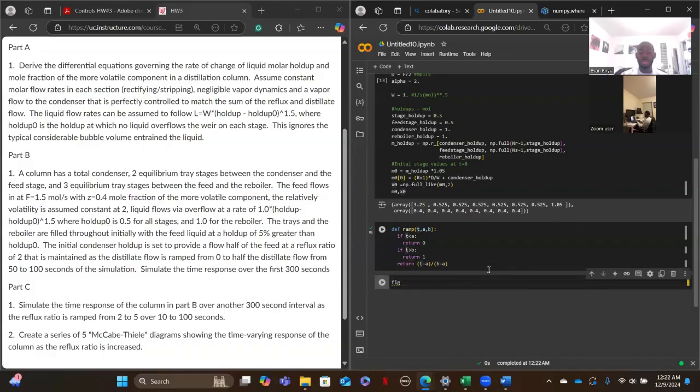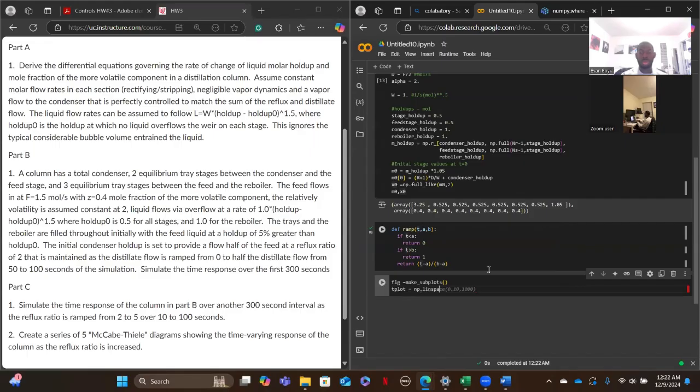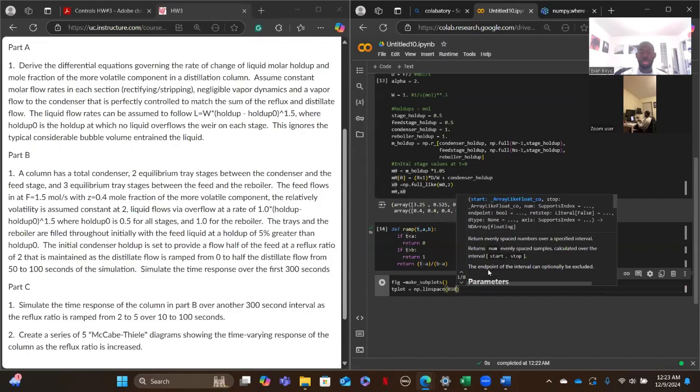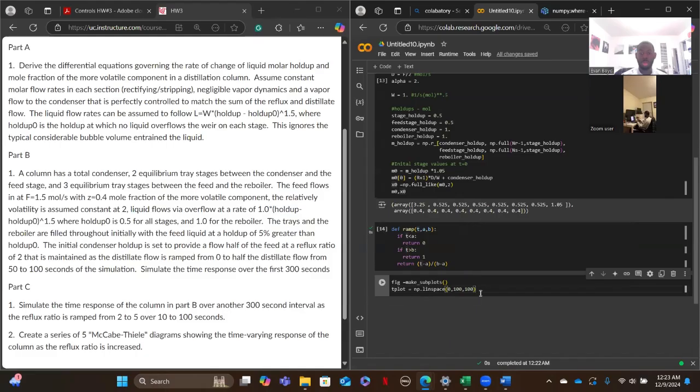So do fig is equal to make subplots. And then we have the t plot, and then we'll just do np linspace from 0 to 100 for our time, with 100 points for each time.